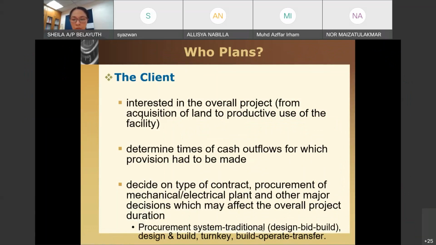So, for example, traditional is whereby the client would have a contract with the consultant first. So design is provided, and then there will be tender. Once the tender is won by the main contractor, then the main contractor could start the work.